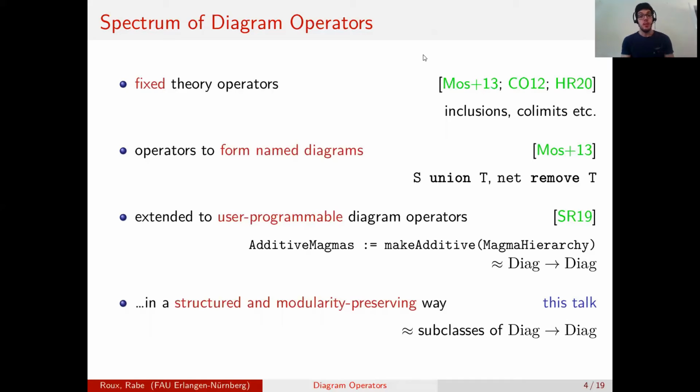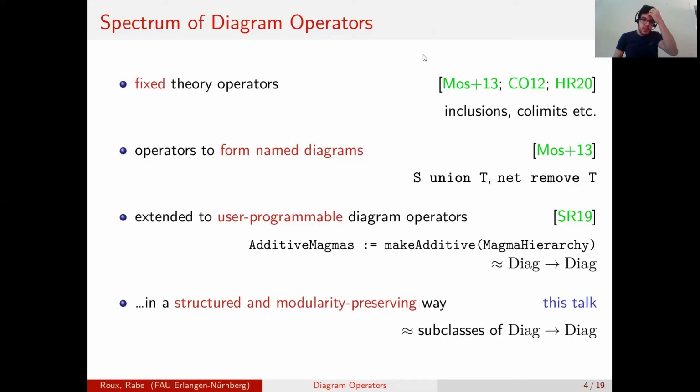For example, the DOL language allows to form named diagrams, and also, for example, to build unions, to remove things of a diagram or of a network, as they call it. Right. And then the second author, being my advisor, Florian Rabe, together with Yasmin Sherode, extended that to diagram operators, also in a user programmable fashion.